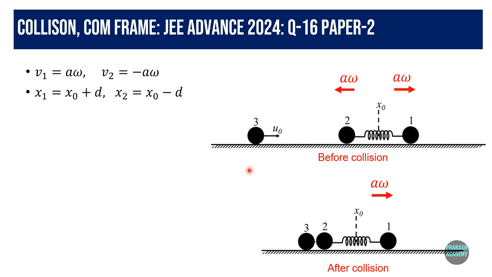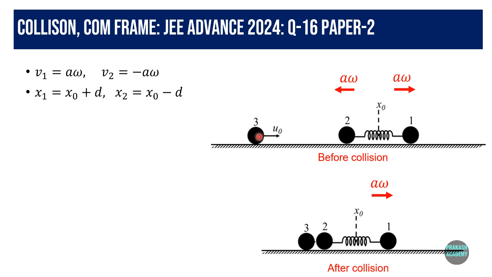So, this is before collision, that is, this was moving with a omega speed and this was moving with a omega speed, velocity of 1 and velocity of 2 and position of 1 and position of 2. So, I know everything in this figure before the collision.